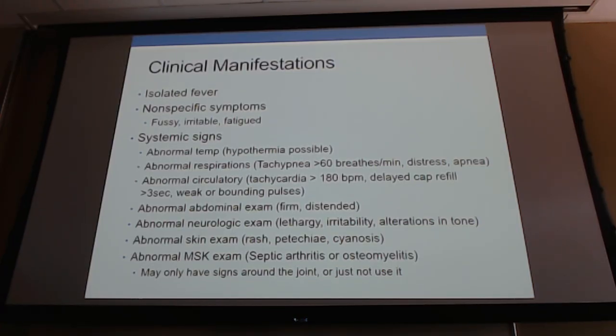So we already said tachypnic, tachycardic, flushed on exam, things else that you might see. The other one that I wanted to point out for this, where is that one? Oh yes, the skin. So petechiae. If you see petechiae on a child who is febrile, worried or not worried? Worried. Very worried. What are you worried about?